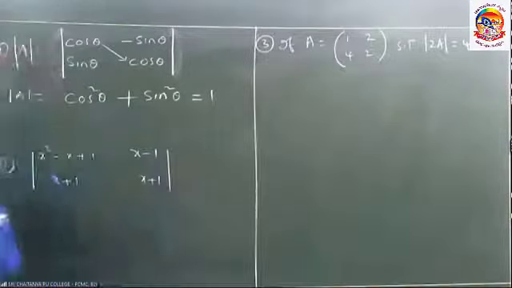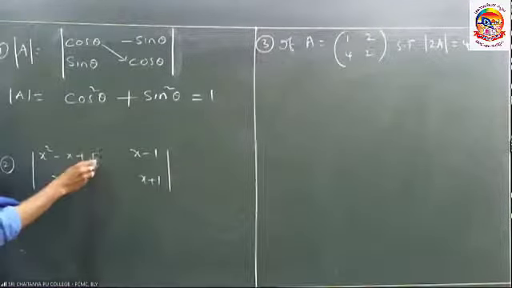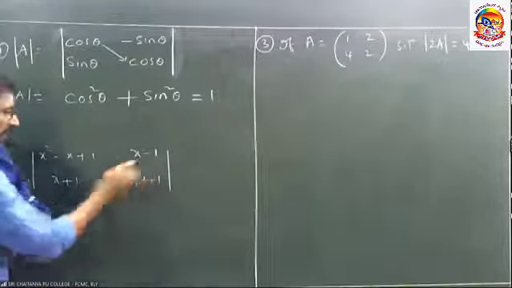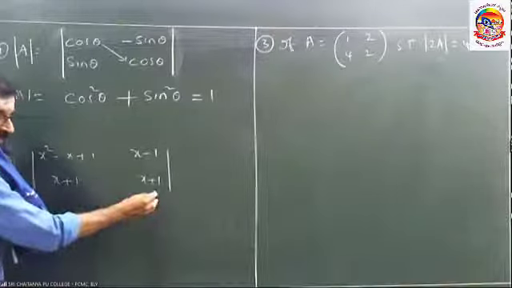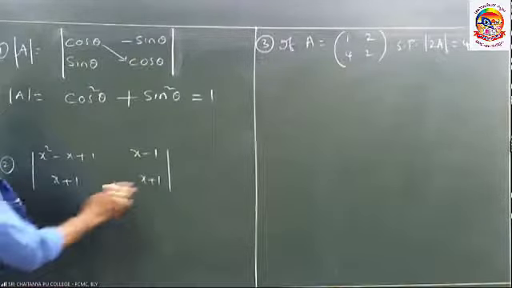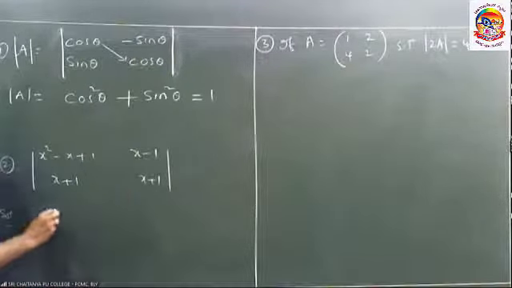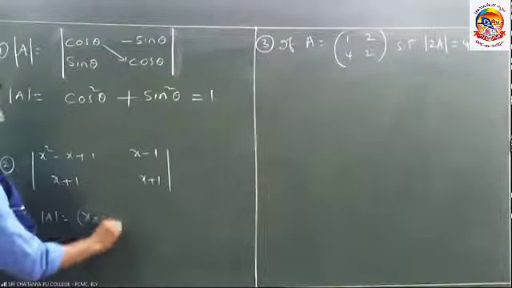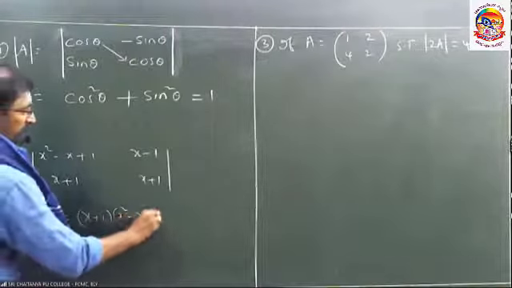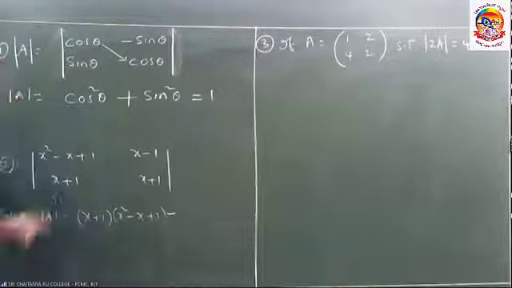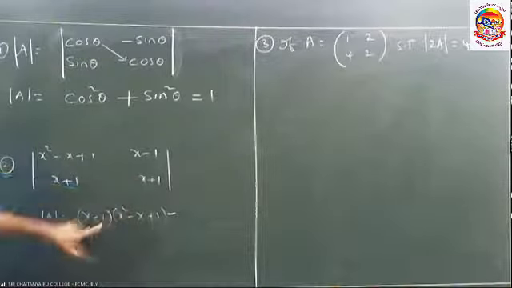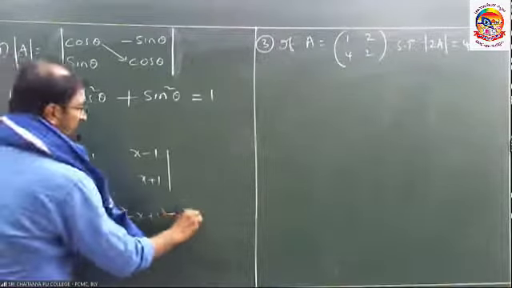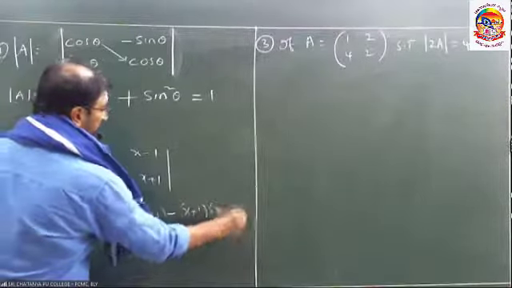Now, let me consider this entire element is equal to small a, this is B, this is C, and this is D. A, B, C, D means the value is AD, that is x plus 1 into x square minus x plus 1, minus of, I am repeating, AD minus BC, that means x plus 1 into x minus 1.